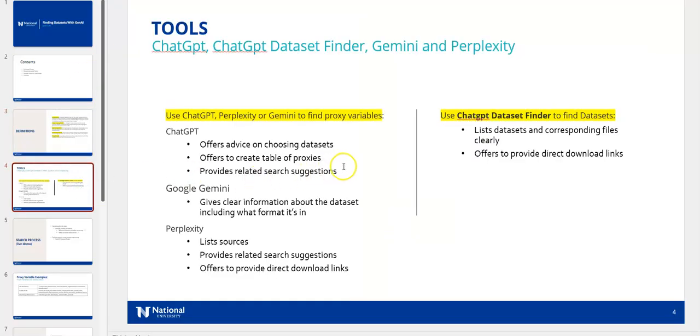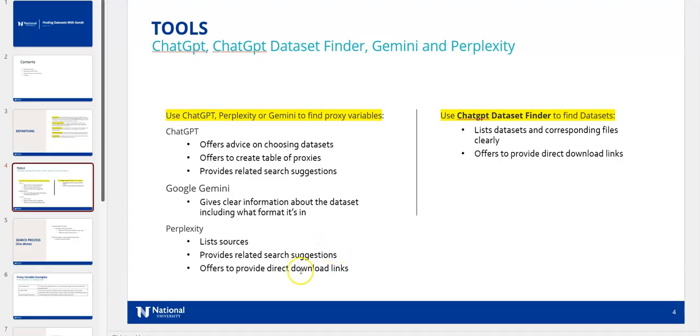They are all similar and different. ChatGPT will offer advice on choosing datasets. It'll offer to create a table for you, and it provides search suggestions. Google Gemini has a nice response where it gives information on the data set, including what format it's in. And then Perplexity lists the sources.